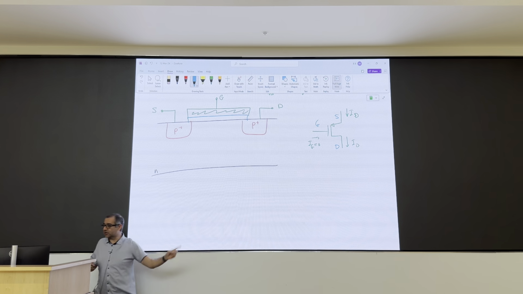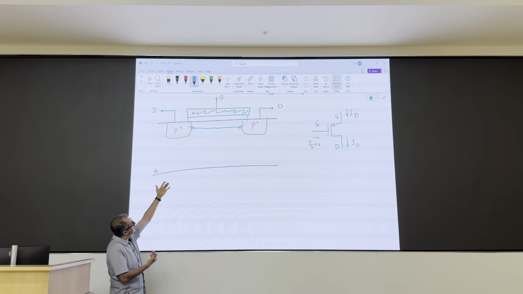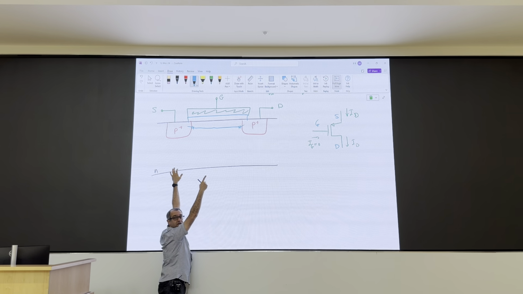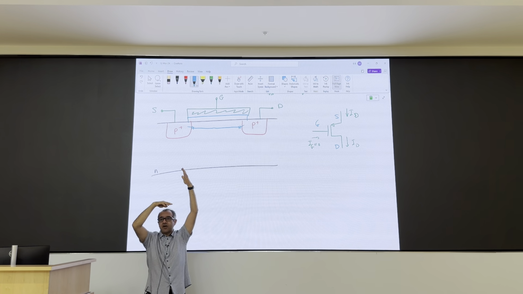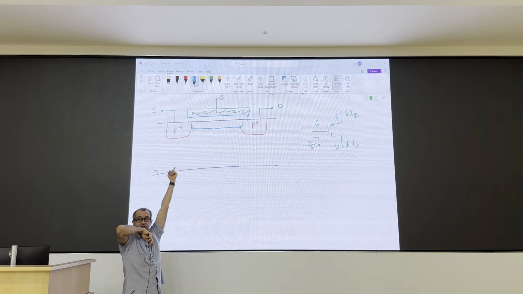For the two diodes, if you look at them inside this device, they look like this. You still want to keep them reverse biased. If you want to keep them reverse biased, you want to connect the N region, the substrate, the body of your device to the most positive voltage in your circuit. So if you're running the circuit from, let's say, 0 and 5, you connect the body of your PMOSFETs to the 5.